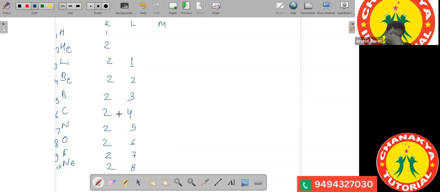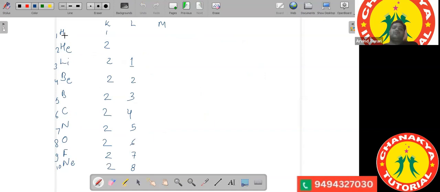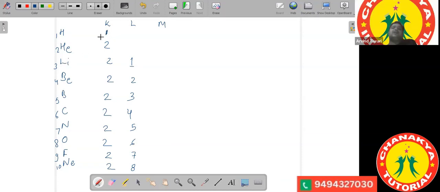Now, from these electronic configurations, if we consider the last point, it says the outermost shell is stable with an octet configuration or fully filled electrons. For hydrogen, the outermost shell is the K shell, and it has only 1 electron, but the capacity of the K shell is 2.